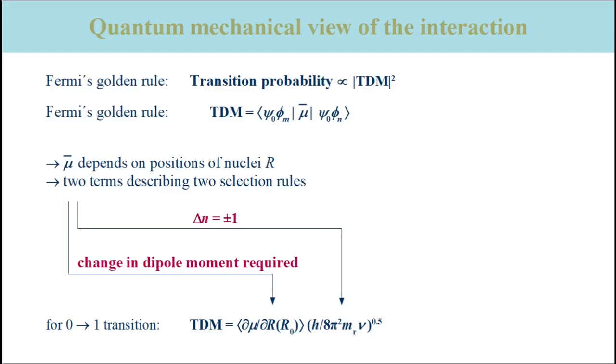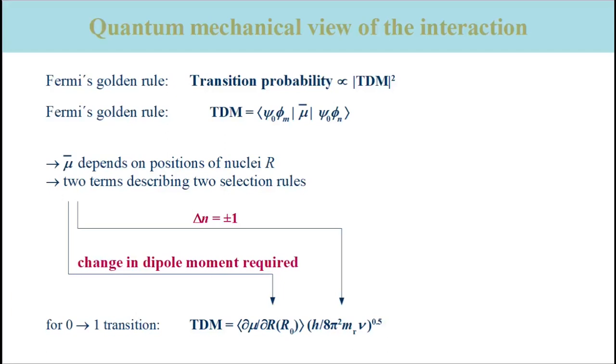For such a transition from the vibrational ground state to the first excited state, the transition dipole moment has finally this expression here. The term on the right-hand side is calculated only from the nuclear state vectors or wave functions.